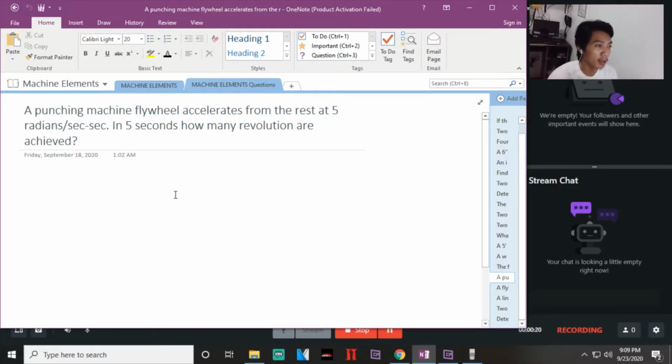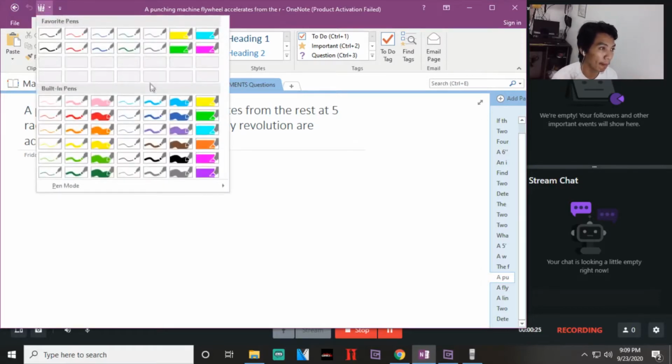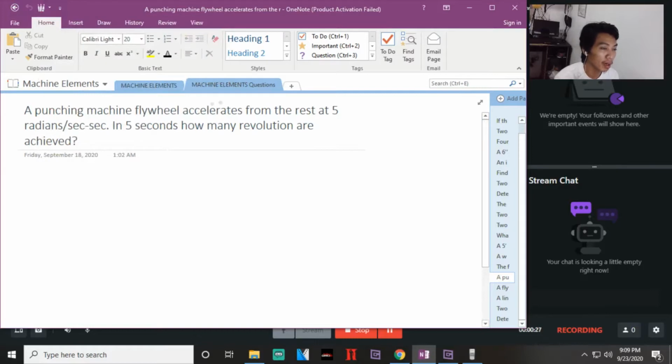A punching machine flywheel accelerates from rest at 5 radians per second. So ibig sabihin per second squared. So meron ka accelerates from rest.